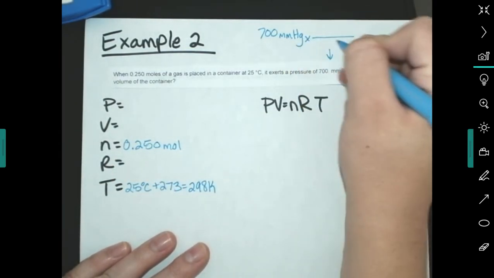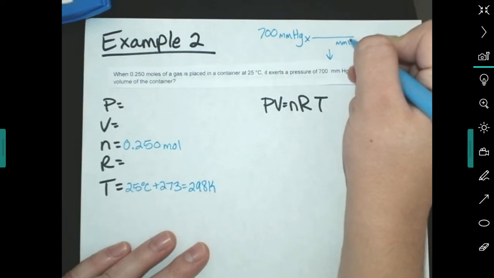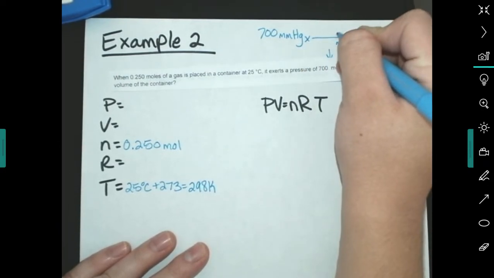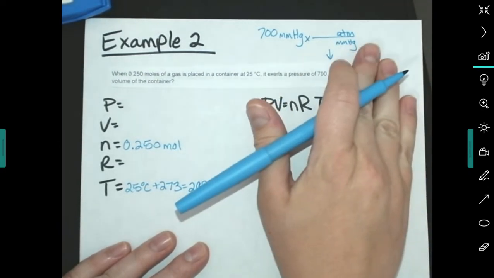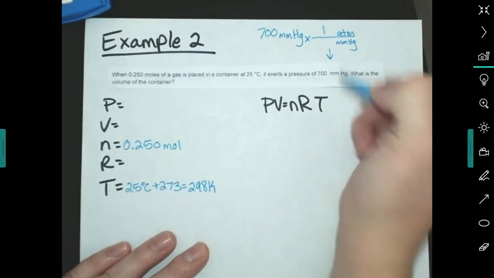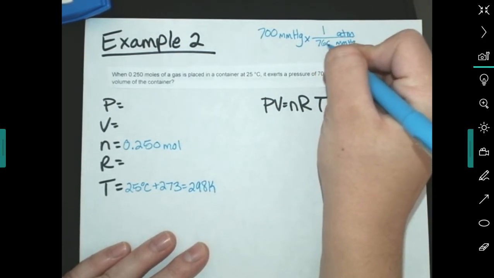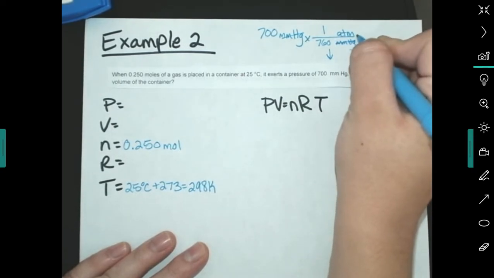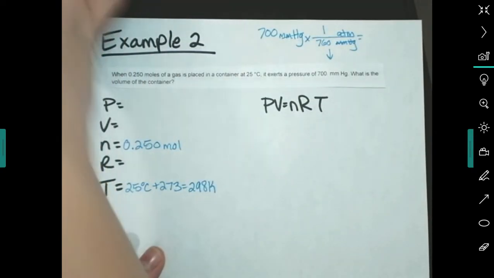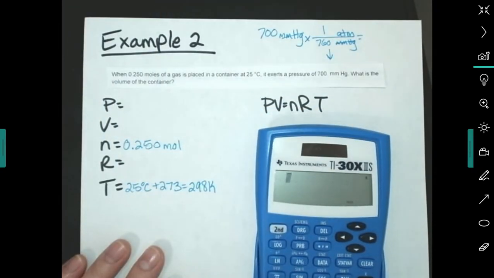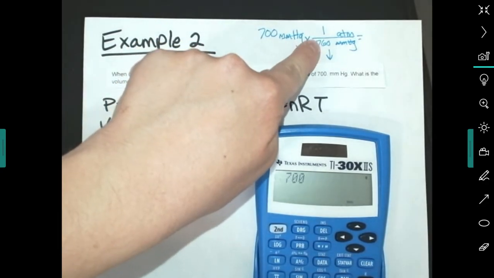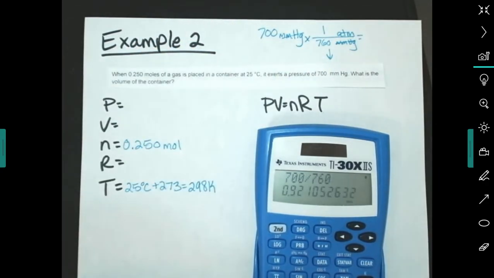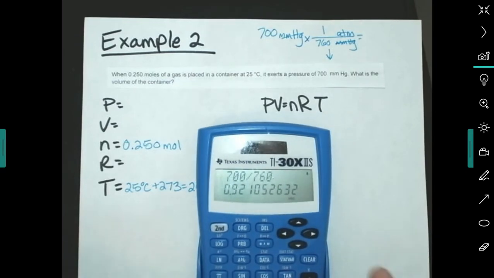We have millimeters of mercury here, we need millimeters of mercury here, and we're looking for atmospheres, so that goes on top. When we put that in our calculator, we're going to do 700 divided by 760, and that's what we get in atmospheres.